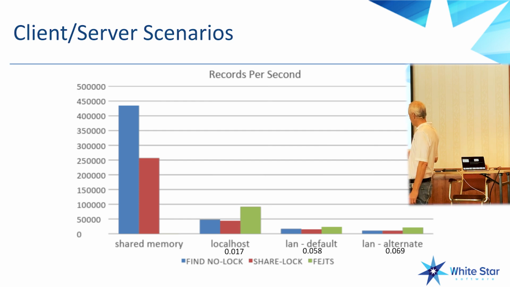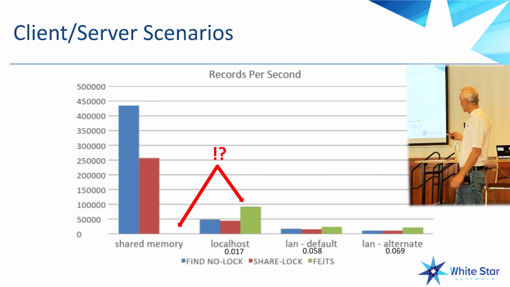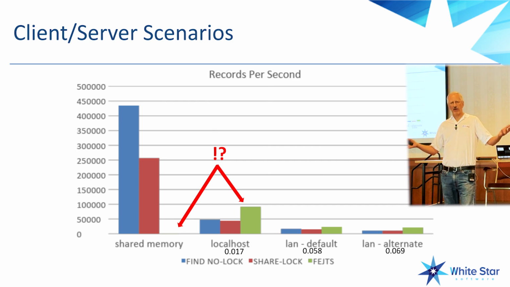But there is an anomaly here. You see this throughput for this guy, the for each joined with a table scan, is actually much higher in client-server than it was for shared memory. It didn't even show up in shared memory, it was so slow. How's that? The difference is because in client-server, you have two separate processes which are actually cooperating.